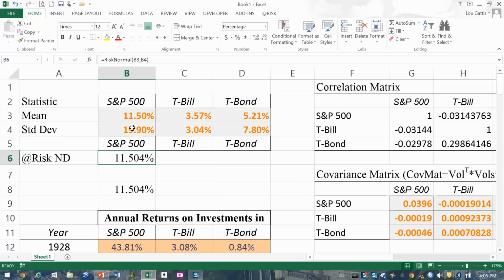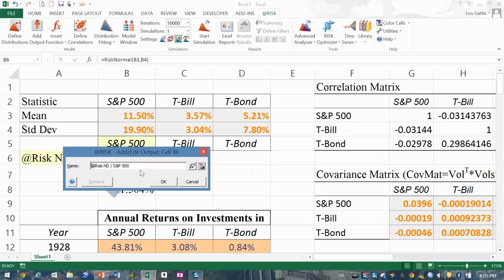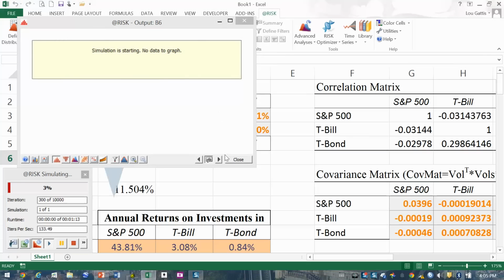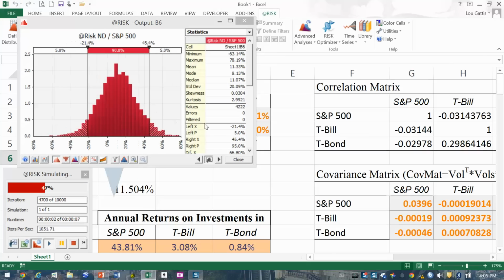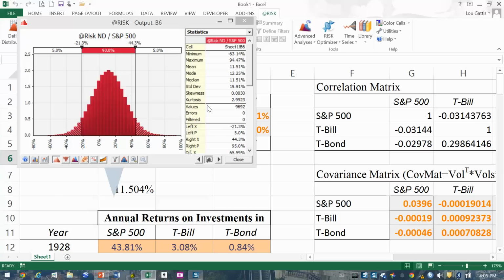If I were to make both of these outputs, so I'm going to go to @Risk, add output, add output, and run 10,000 iterations on both of these, this is generating 10,000 equity returns using a normal distribution of a mean of 11 and a standard deviation 19.